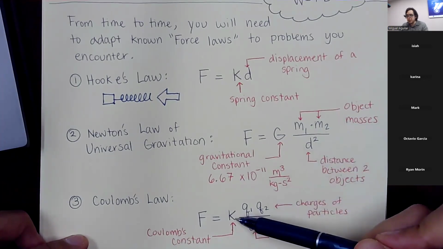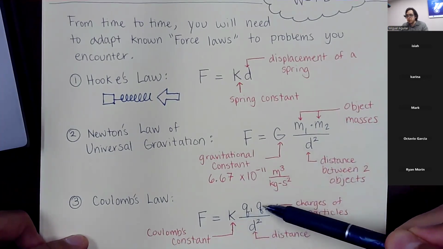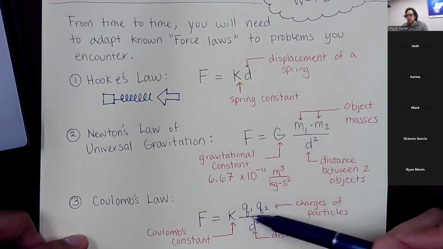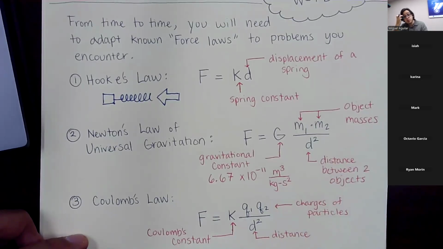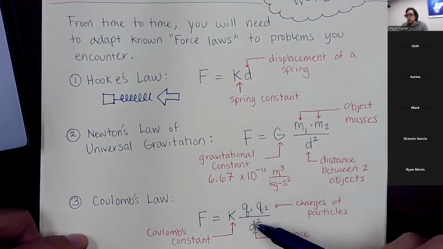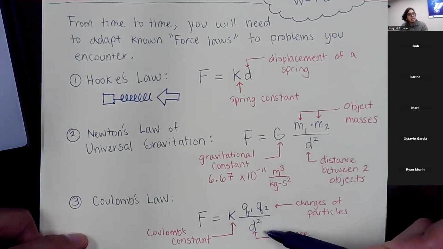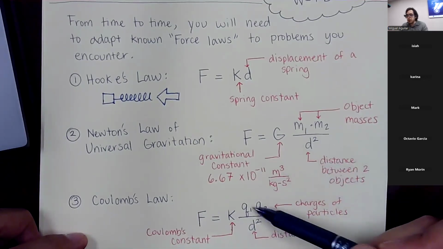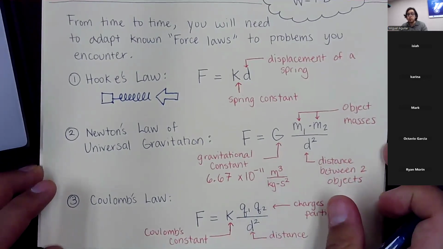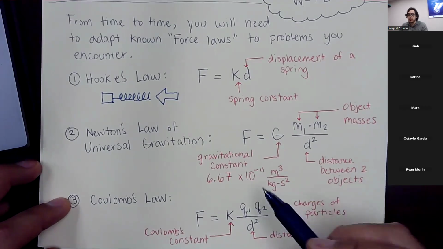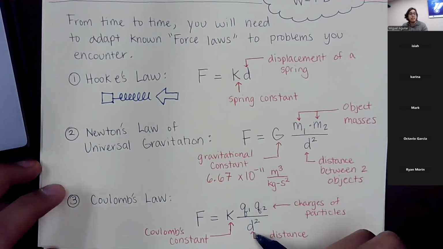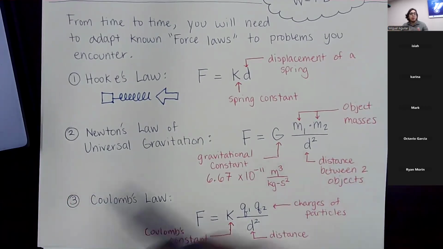Because you have some constant out here, you're multiplying the charges of these two particles and then dividing by the distance squared, that distance between the two particles. Okay, so even though these look a little bit different, they are pretty much the exact same formula. So if we ever have to use Coulomb's law to work on a problem, then we have this function. Again, the distance might be represented by x or y, depending on how we're going to orient those particles in space.